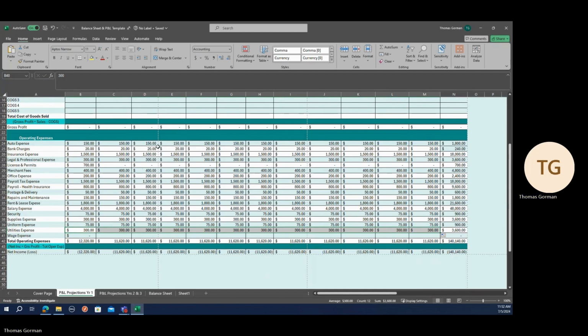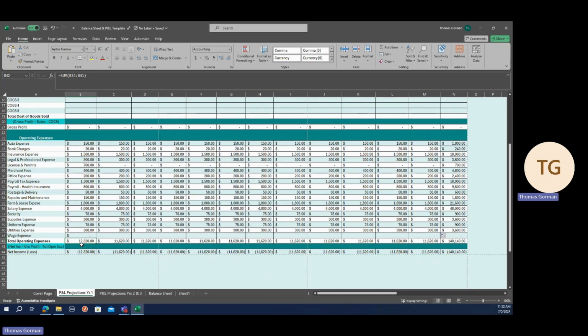So the month of January here, we see we have $12,320 in operating expenses, and that counts our $700 business license that we paid in the month of January. For every other month, we see that we operate with $11,620 worth of operating expenses.